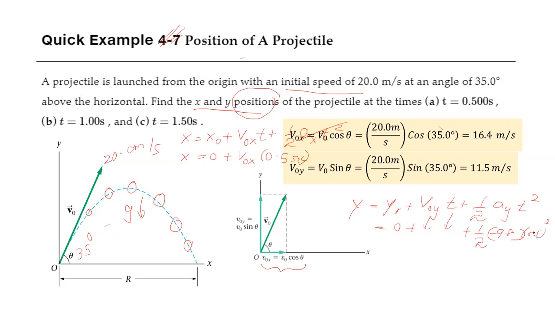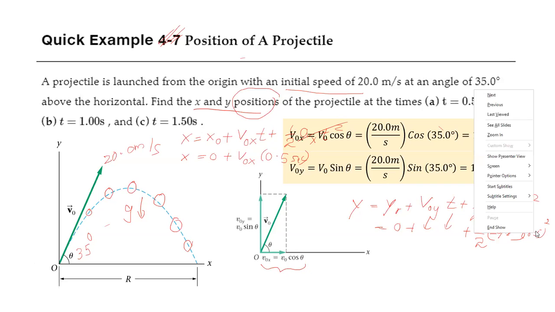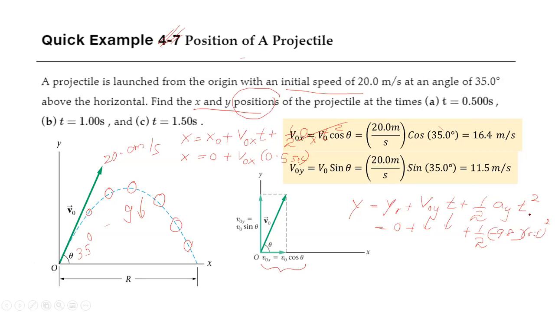My writing is not clear on this tablet, but you can do the math. You would do the same thing for 1 and 1.5, only your t would be different. And again, first thing, please do not use 20 as the initial velocity. Based on the angle, you need to find out x and y.